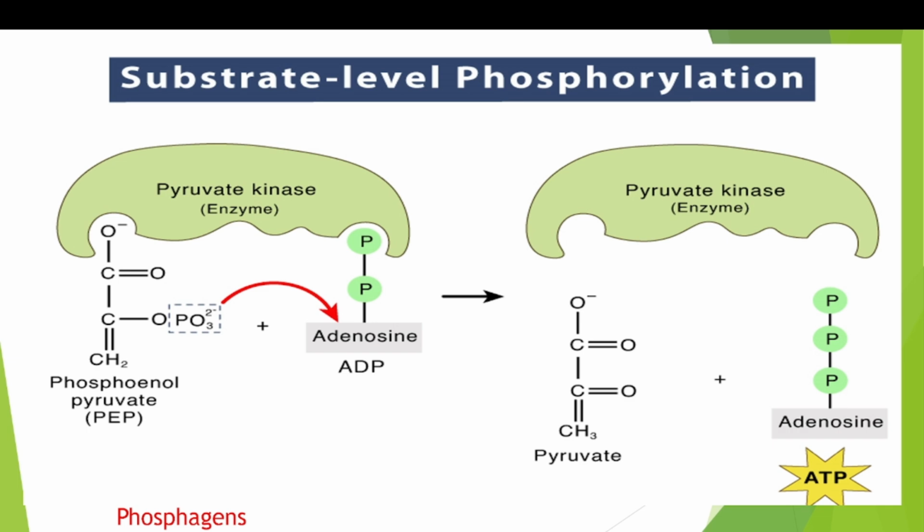One best example is in glycolysis, where phosphoenol pyruvate is converted into pyruvate, producing ATP directly without the electron transport chain. That's why phosphoenol pyruvate is known as a high energy compound or phosphogen. So these are the three methods of ATP production in living organisms.